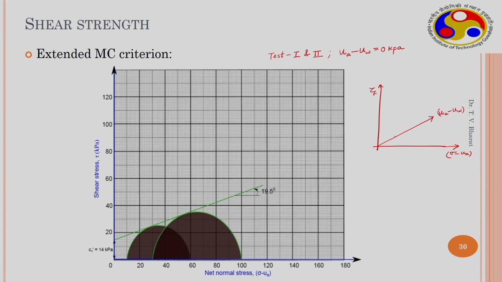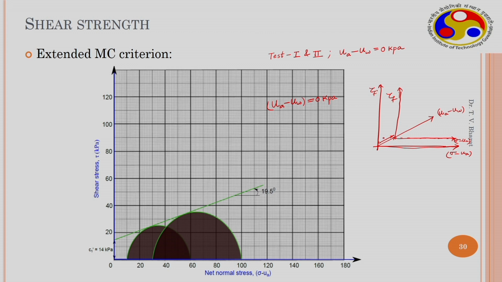Now, because we are plotting at one particular UA minus UW, you can consider tau f here and sigma minus UA here, and UA minus UW in this particular case is 0 kilopascal. As it is 0 kilopascal, you can directly plot it here itself.